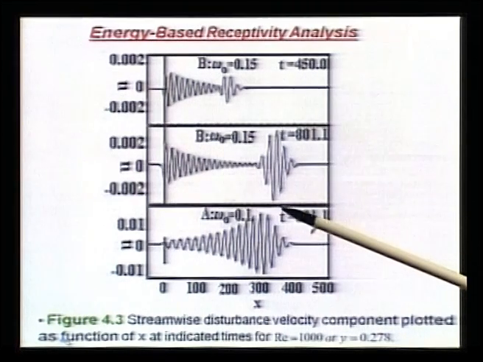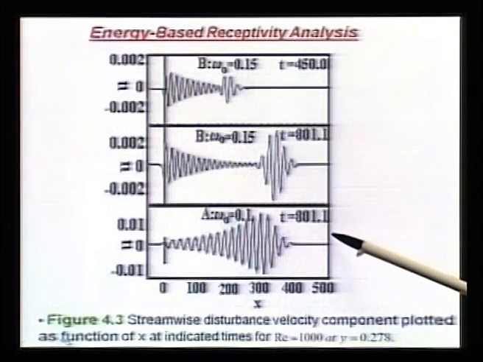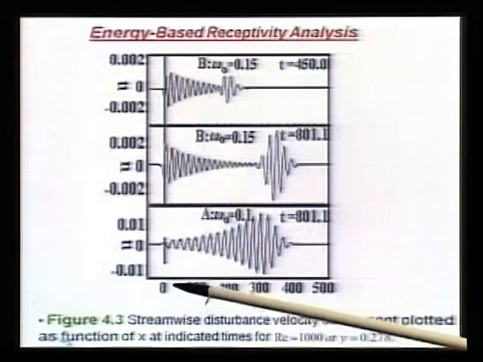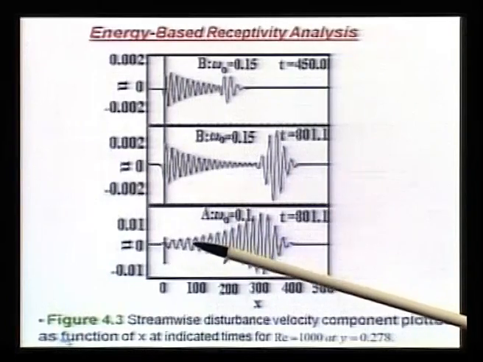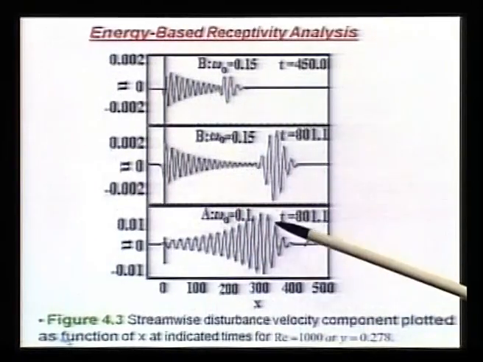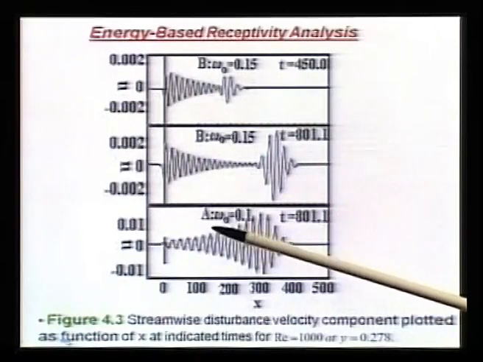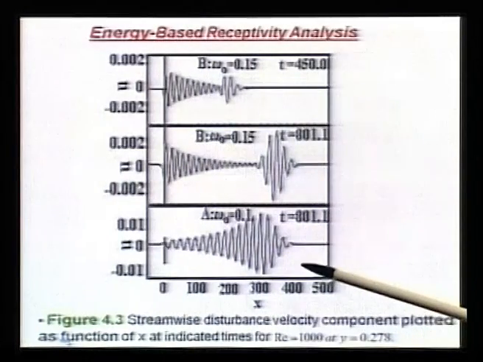That corresponds to A. At a time like 801, we see the solution like this. This is the location of the exciter, and you see that this wave is growing. It is bounded by this decaying front, right? So as time progresses, you get this initial growth followed by this decaying front. This is what we notice.